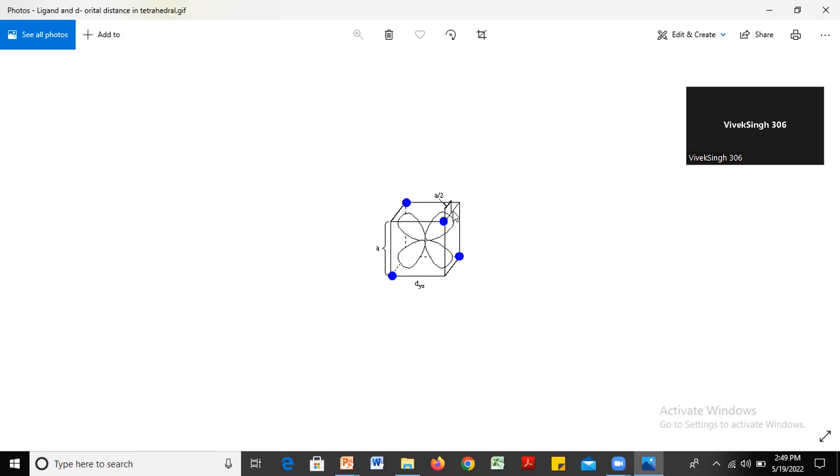Suppose this distance is a; the total distance from here to the middle of the cube is a divided by 2. So here also the ligands are not influencing the d-yz orbitals that are present in between the axis.